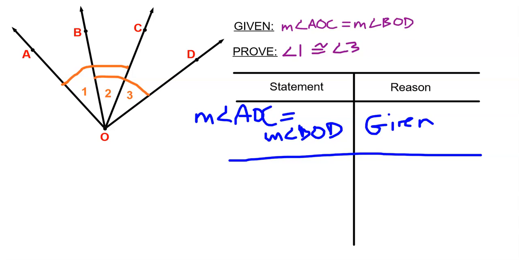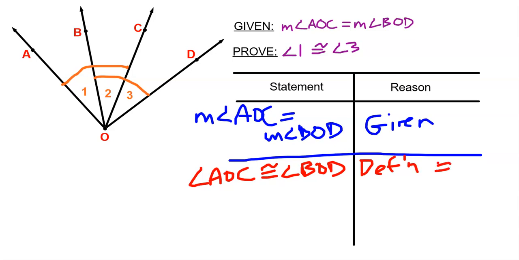Actually, let's add one more step here. If the measures of the two angles are equal, that means that angle AOC is congruent to angle BOD, so we can get straight to the angles and not the measures, and that's by the definition of congruence. It's a step that we don't necessarily need to take, but one that makes the proof a little bit cleaner.